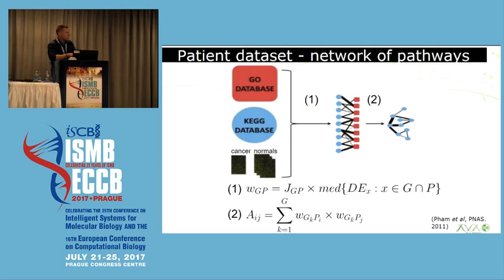We integrate the information from our differential effect analysis with KEGG database information and with GO terms information, and we link the pathways, the blue dots, with each other through KEGG pathways, which hold some of the same genes in common with our pathways. So in the end, what we get is a network of pathways weighted by the gene expression of the genes similar to these pathways.